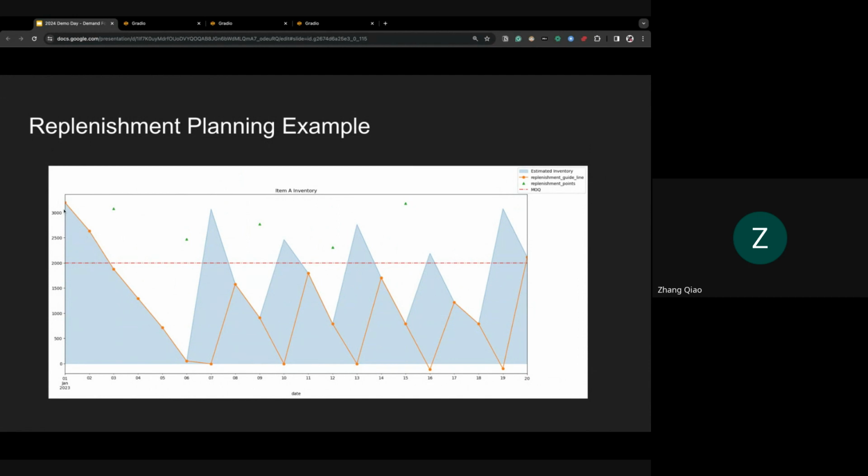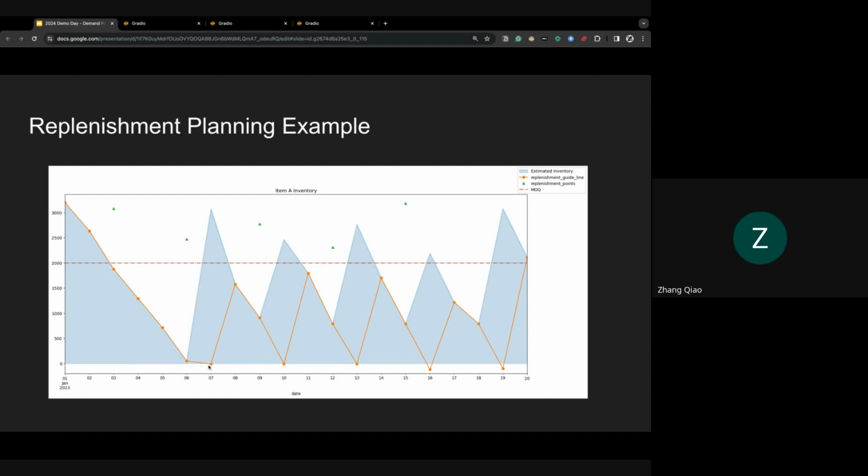So here the orange line is the estimated service level. For demo purposes, I make a very simple assumption: whenever the service level is estimated below 0, it means that on that day itself, there is a high chance that you don't have anything to sell. You will basically have sold out everything.